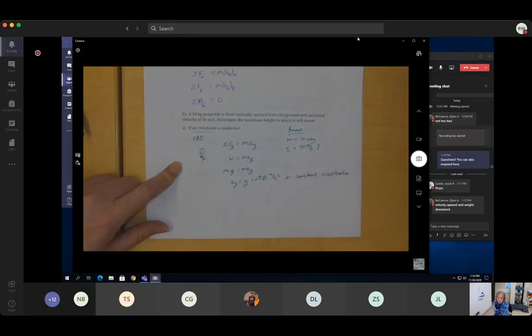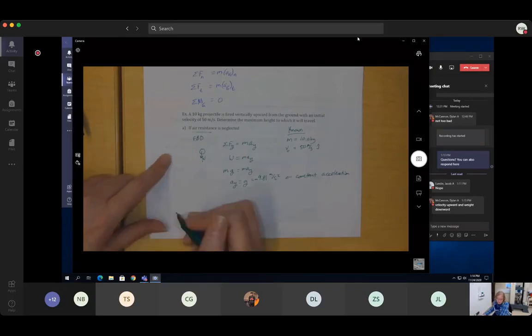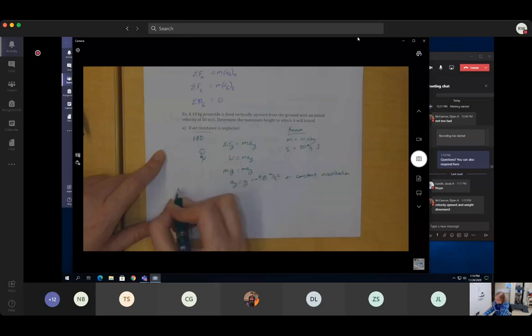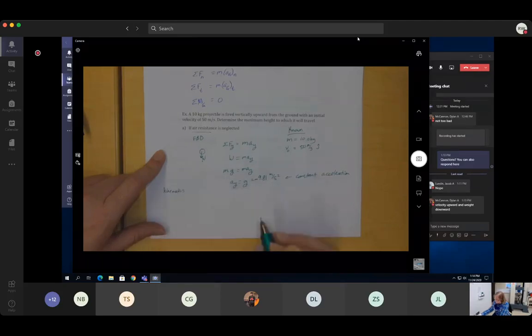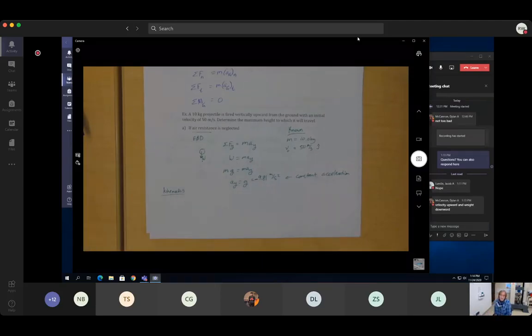And so we can use one of our kinematic equations that is fairly straightforward when we've got constant acceleration. So what do you think we should use? Which of our kinematic equations should we use here?